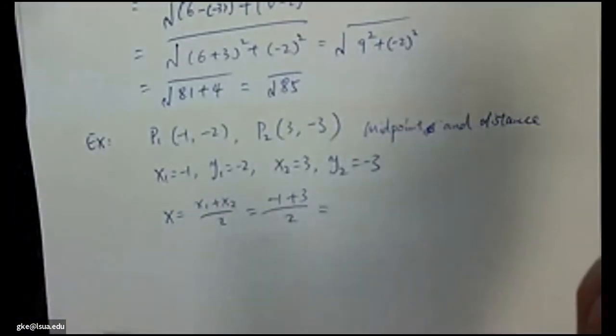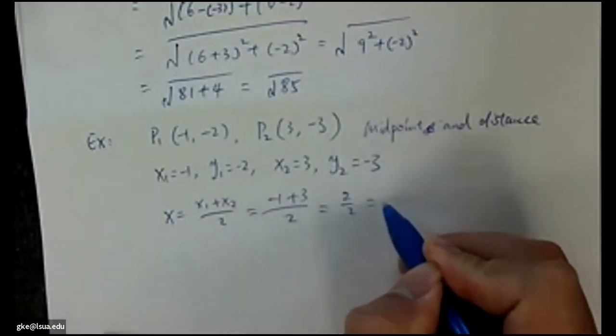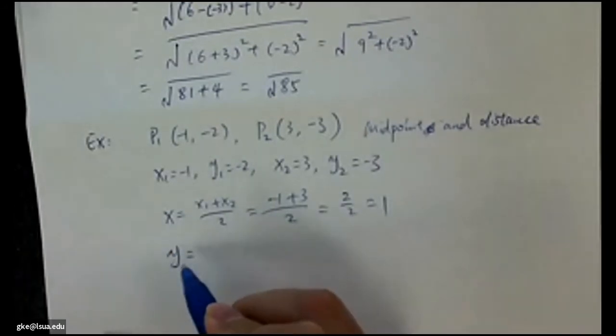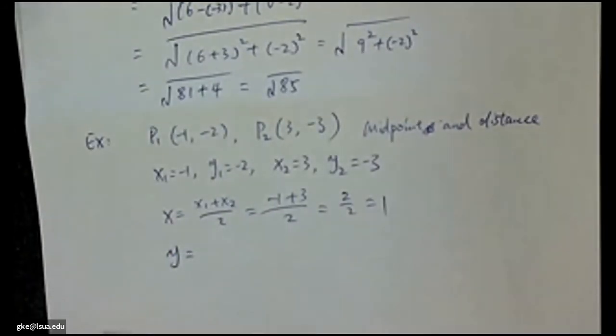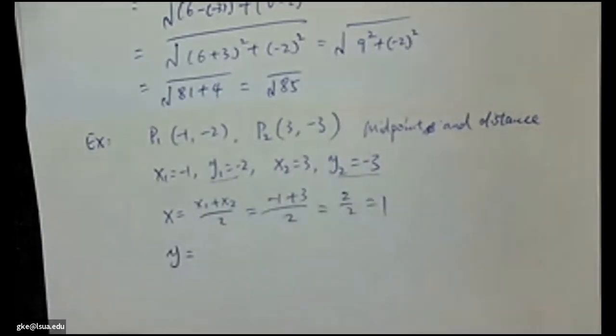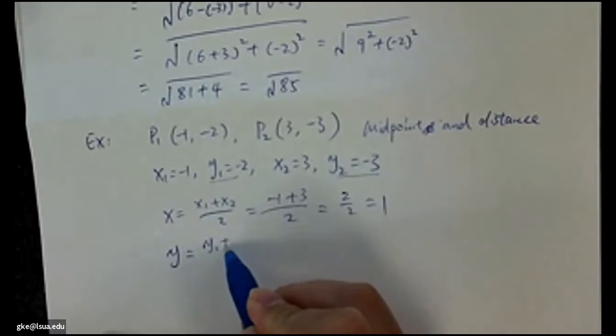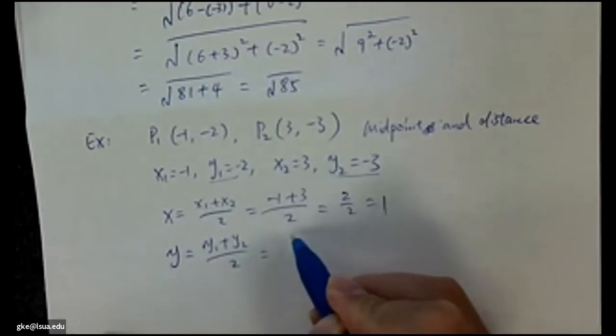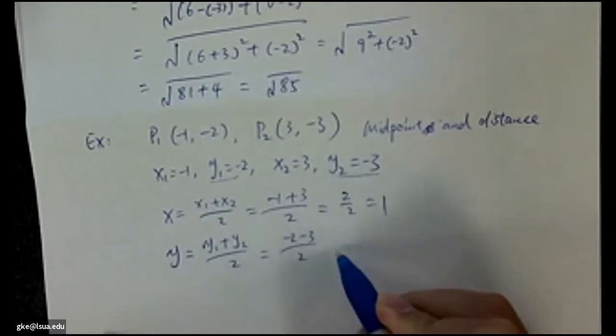Plug in, 2 over 2, 1. And the y coordinate is the average of the y coordinates, so it should be y1 plus y2 divided by 2, -2, -3 divided by 2.